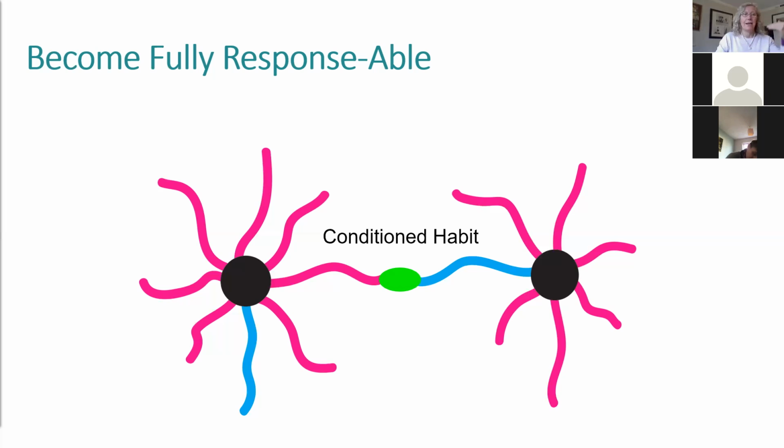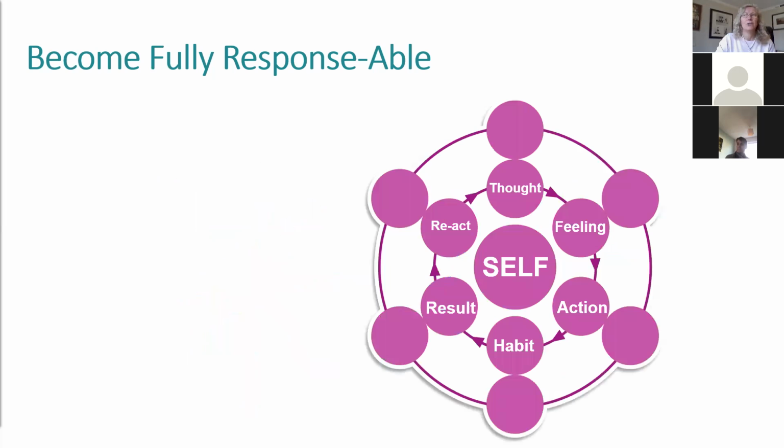I have to create steps. I have to practice. I have to raise my awareness so that when I'm slipping backwards, I can catch myself and move myself forward again. And so this response able is our ability to respond and to choose our responses.